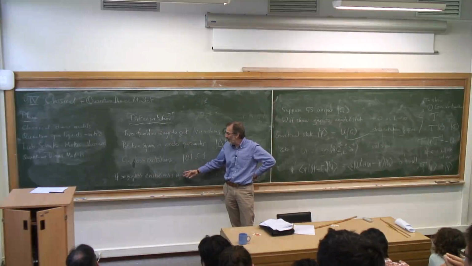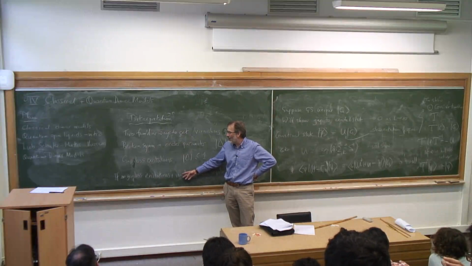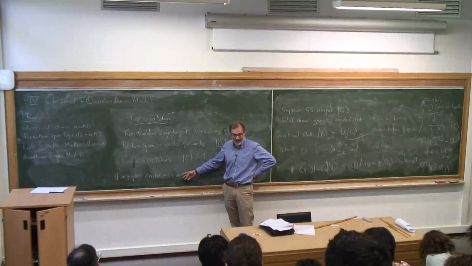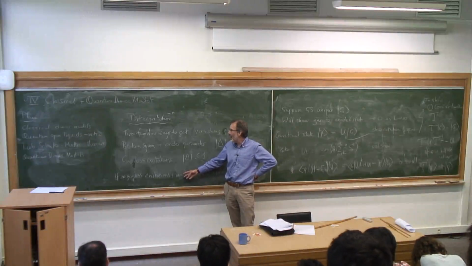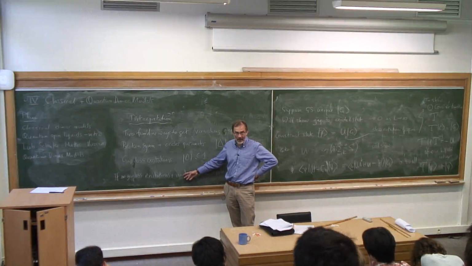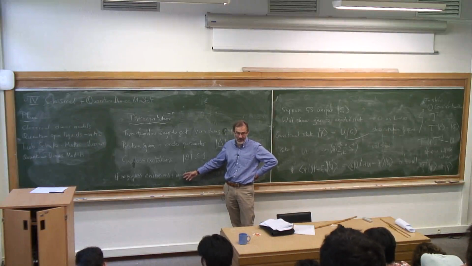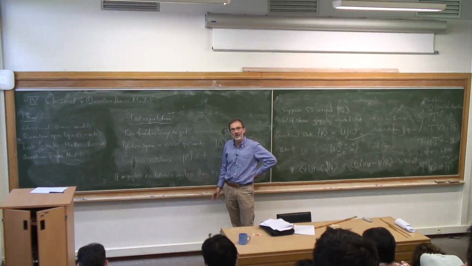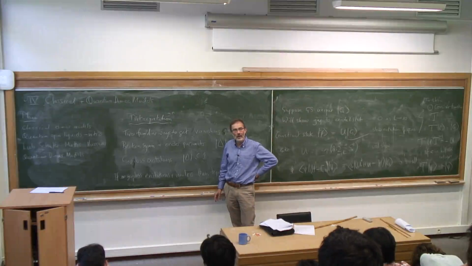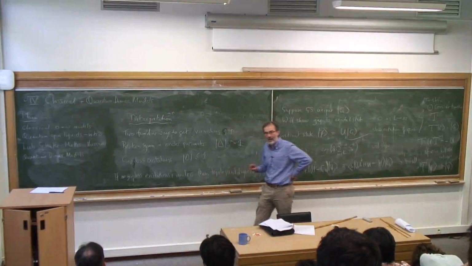But then the third possibility, which is what we're interested in here, is a situation in which there's no branch of gapless excitations, there's no local order parameter characterizing a broken symmetry. Instead, there's topological degeneracy.